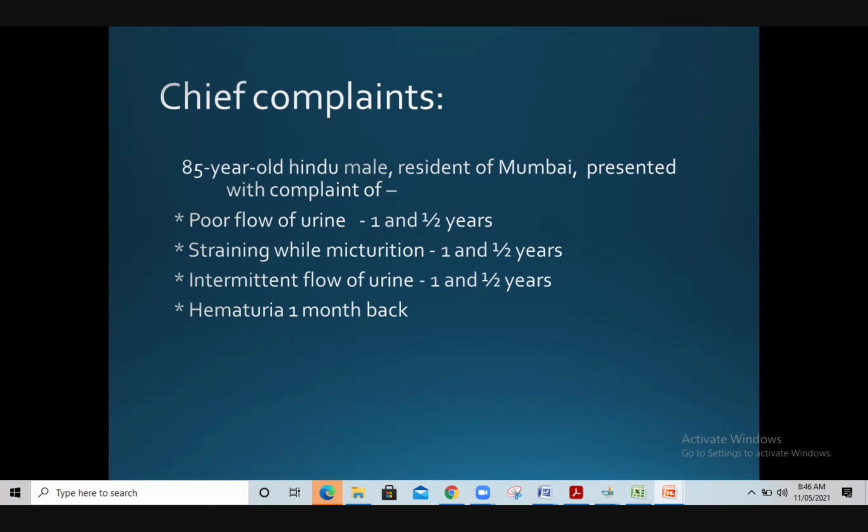When there is a stricture, a thin stream which is continuous is more in favor of a stricture, according to your logic. Whereas I told the other way: in a patient who has BPH, it's an interrupted stream.